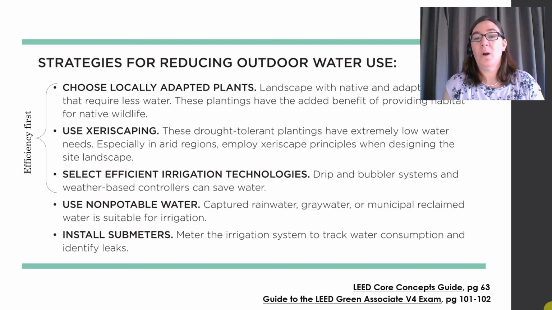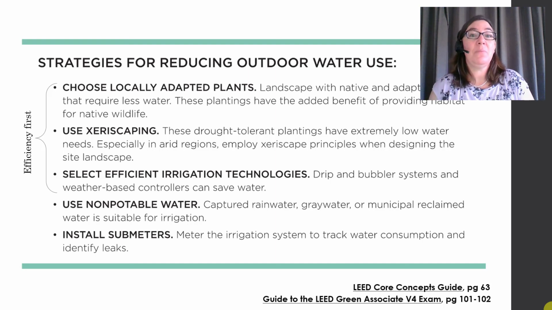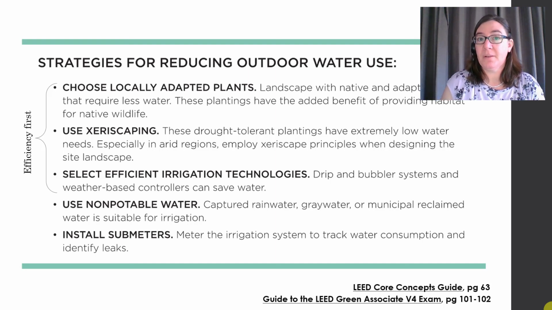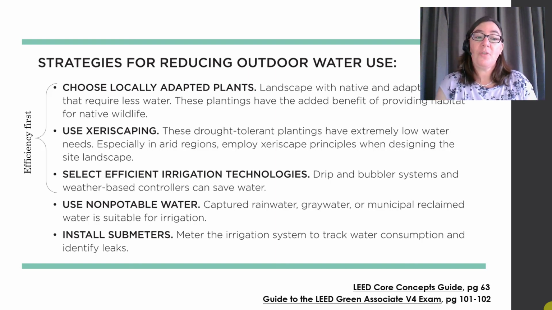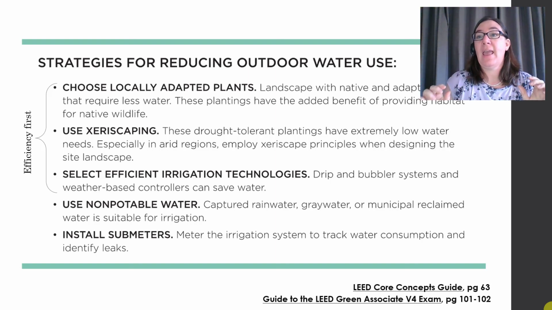That could be captured water, rainwater, gray water. Every now and then you run into a city that has a municipal reclaimed water system to use. And again, let's hit this topic again. You want to install sub-meters to track water consumption at a smaller level.